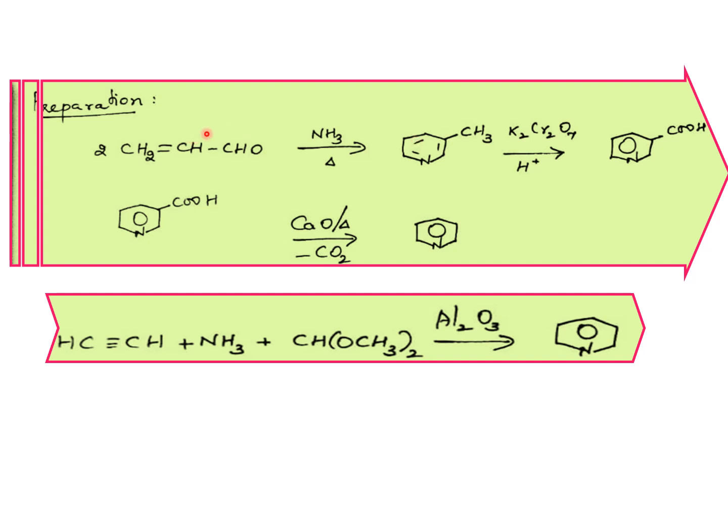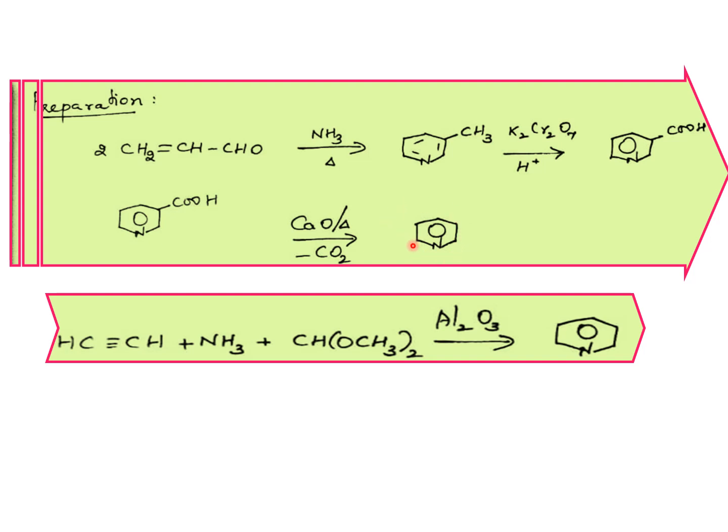From an acyclic compound, a cyclic methyl substituted pyridine is obtained, which on oxidation using a strong oxidizing agent like potassium dichromate in the presence of an acid, has its side chain oxidized, that is the CH3 is converted into COOH. This pyridine 3-carboxylic acid on heating with calcium oxide evolves a carbon dioxide molecule. So the resulting structure is our expected pyridine.